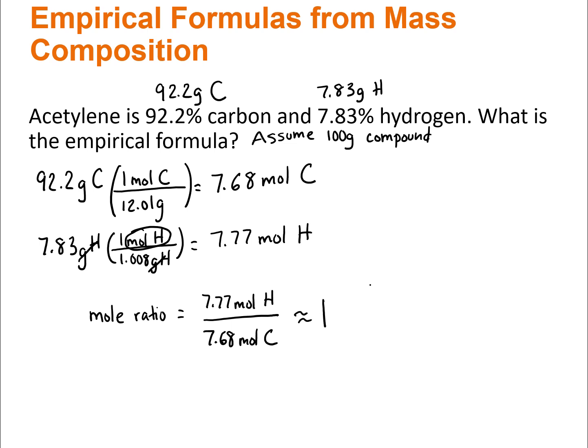So that means 1 mole of hydrogen for every 1 mole of carbon. Our empirical formula is CH. Again, the only difference here is we started with the percent composition, and we assumed that we had 100 grams of our compound, so we can write grams instead of percent for each element.